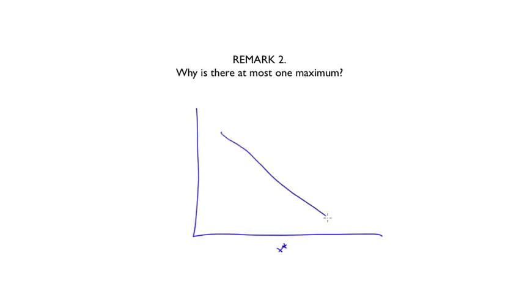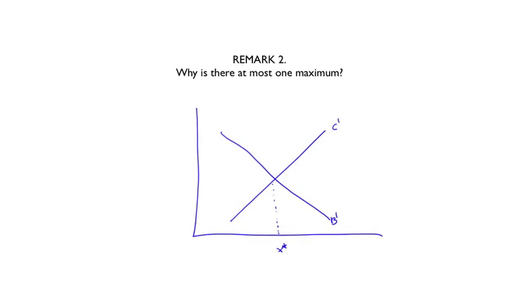Now consider another very basic question that many of you may have been wondering about. Why is it that there is at most one maximum? i.e., why can there not be multiple points that maximize the objective function? The intuition is actually pretty simple and can be depicted graphically easily. Suppose that you have a point like x star that is a maximum, say an interior maximum, then we know that the marginal benefit and the marginal cost curves must have crossed at that point.